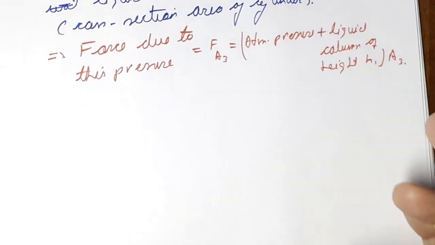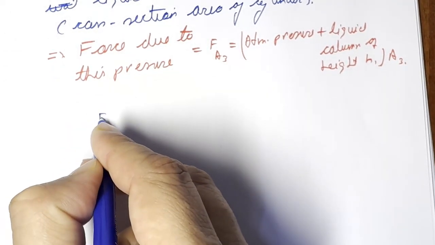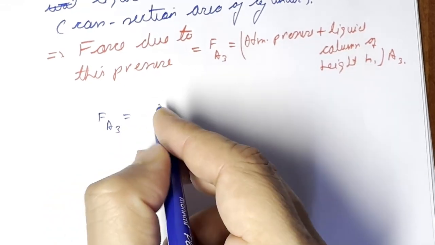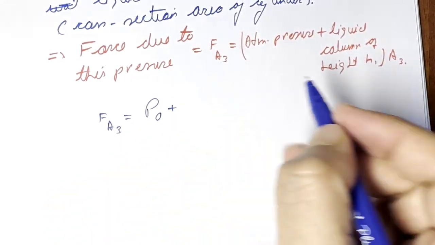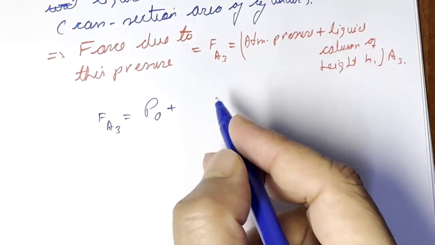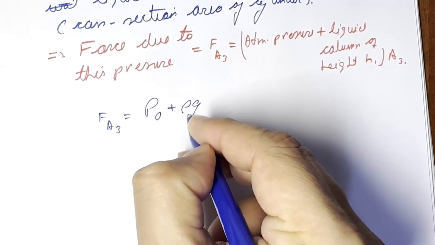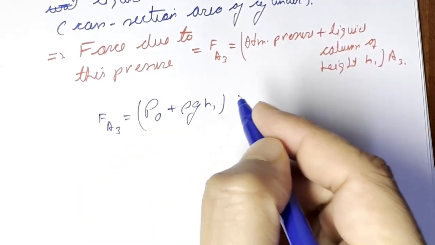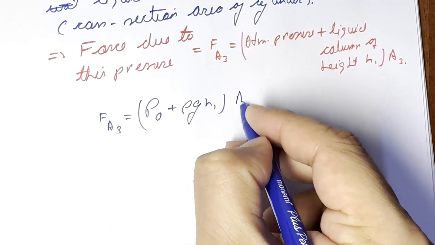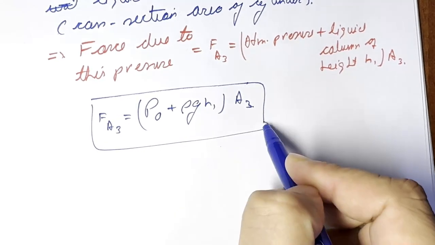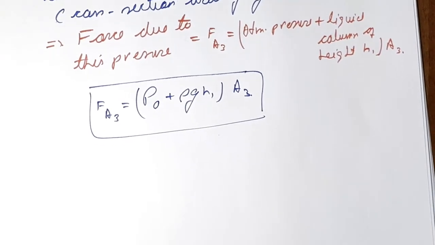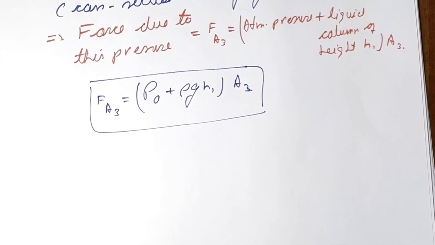So we substitute all these values, we get FA3 will be equal to atmospheric pressure PA plus the pressure rho g H1, and this is multiplied by A3. So this is our first pressure equation, or we can say force equation.